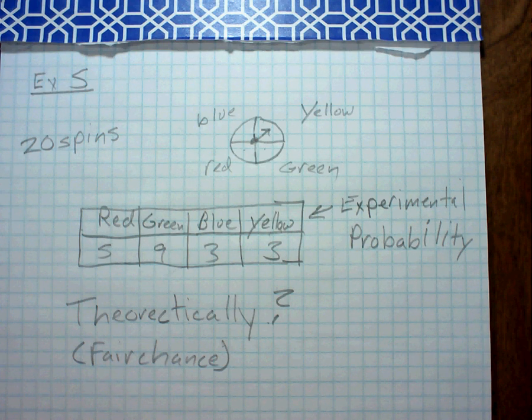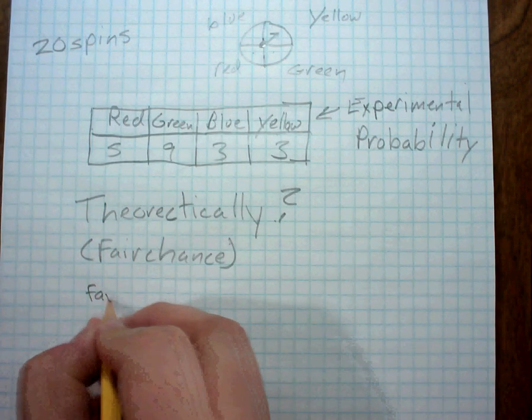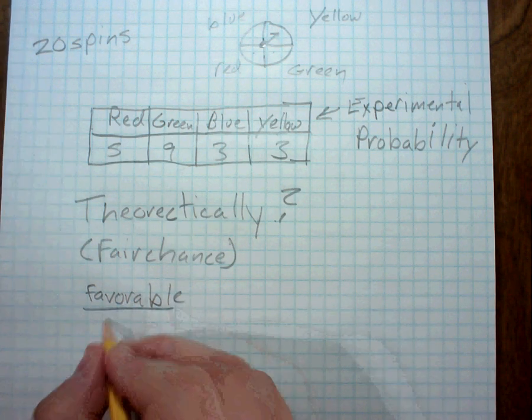So experimental probability, what does that mean? Theoretical is favorable over total outcomes.